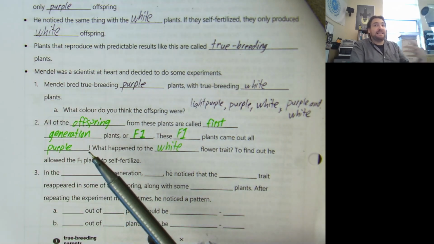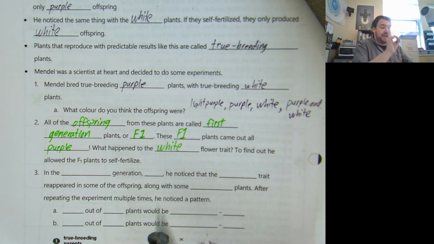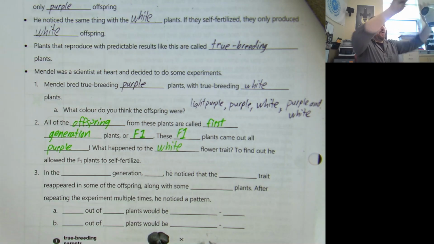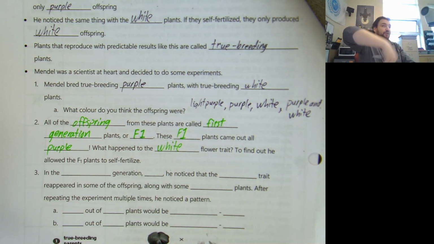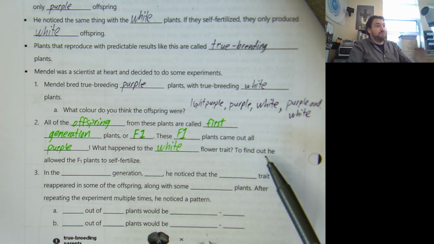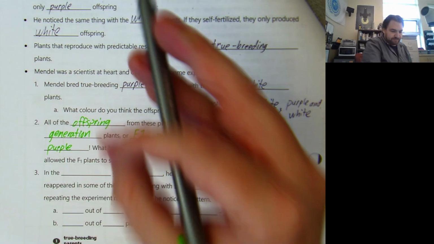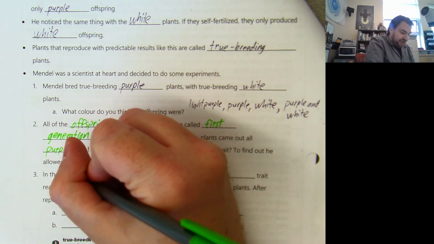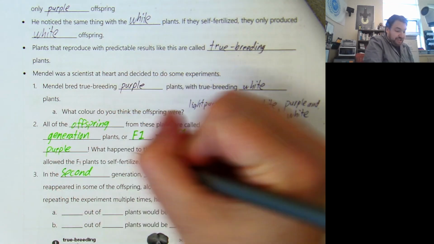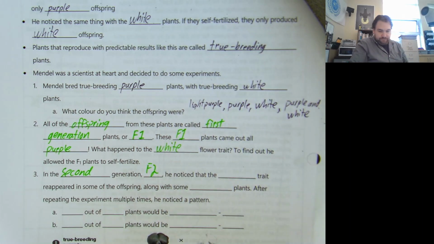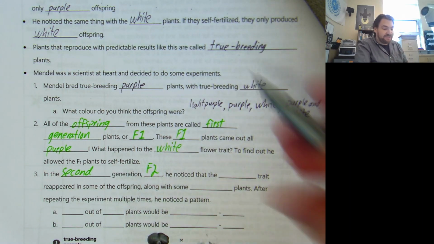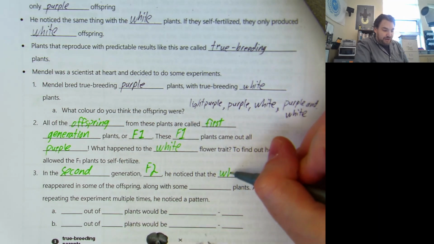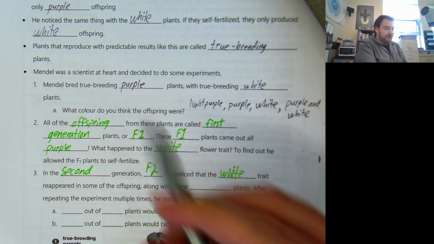So what he then did was he said, okay, I'm going to allow Gen 1 to self-fertilize. We're not going to cross-pollinate again. We're just going to say, okay, within your own plant, self-fertilize. And the results were really interesting. In the second generation, which he called F2, he noticed that the white trait reappeared.